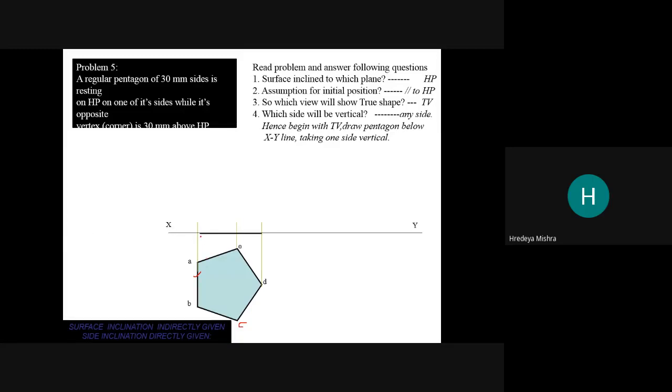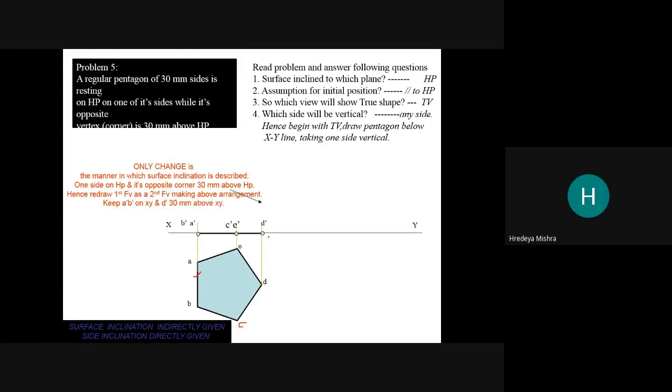Now see here, this point is overlapping, so we call this A dash B dash. This is E dash C dash and this is D dash. Likewise we put the name C.